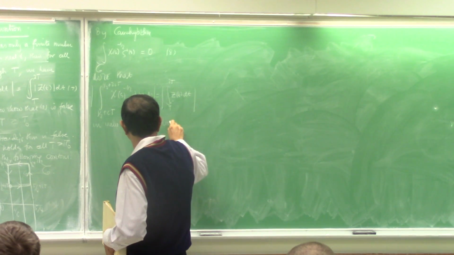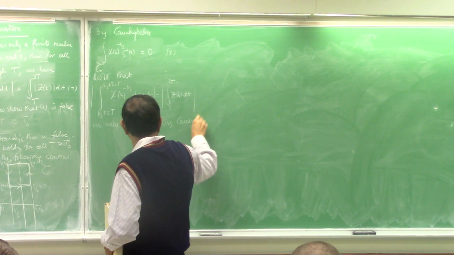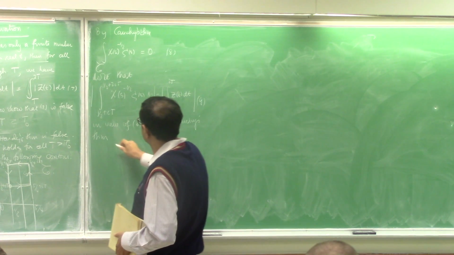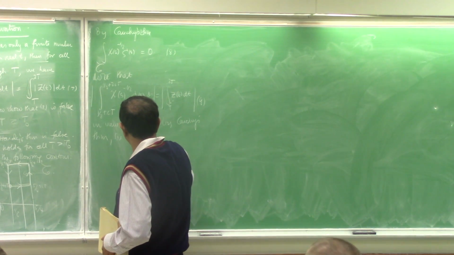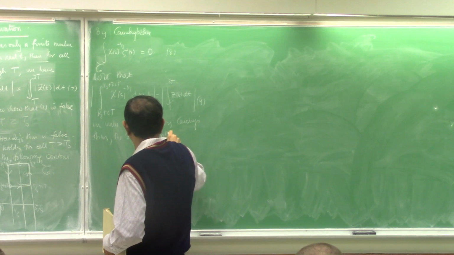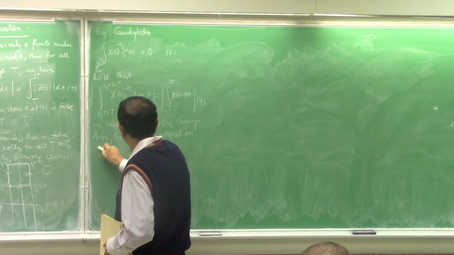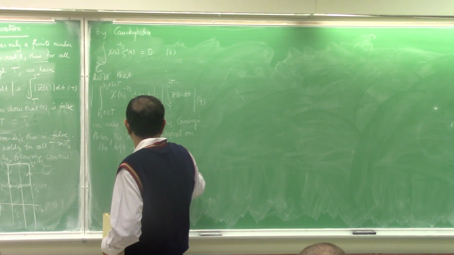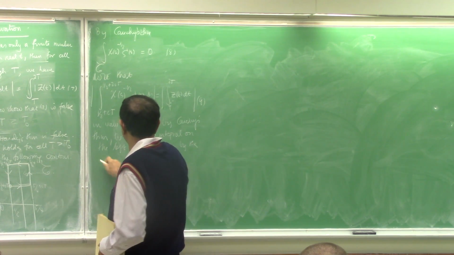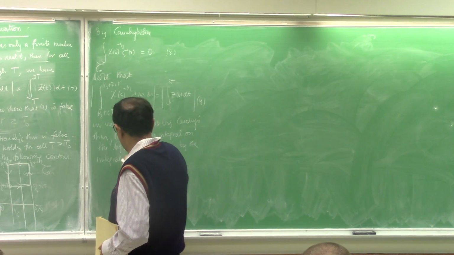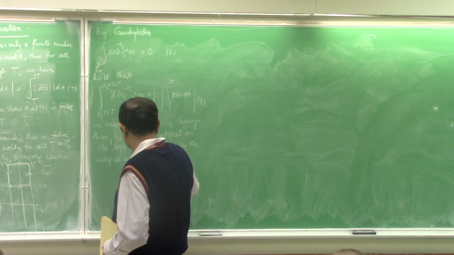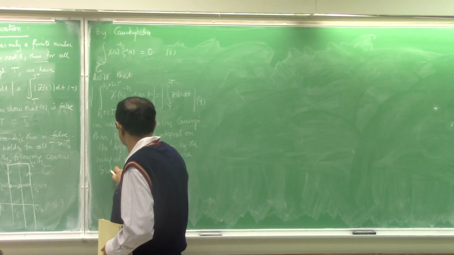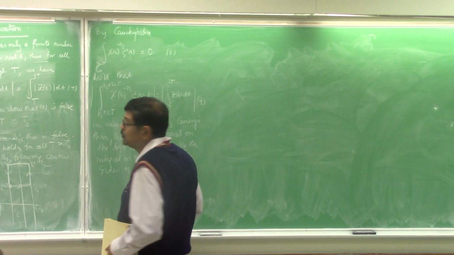So by Cauchy's theorem, the size of the integral on the left in 9 is given by the integral on the other three sides, on the remaining three sides of C. Right?